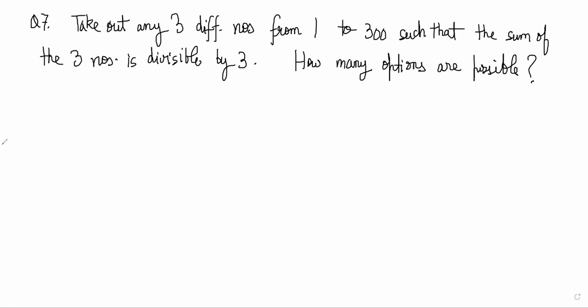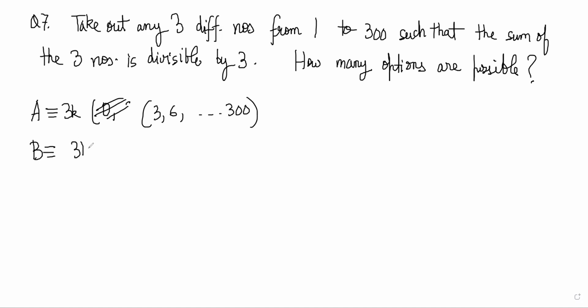So what you have to think of is when you take out numbers, you can take out numbers of the form 3k, which is 3, 6 till 300, not 0. You can take out numbers of the form 3k plus 1, which is 1, 4 till 298.